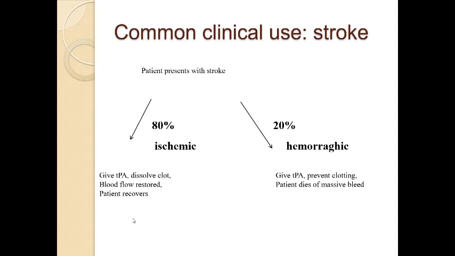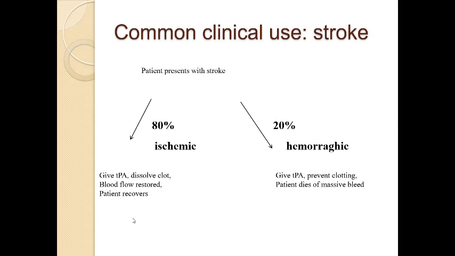But about 20% of strokes are not actually caused by a clot, but rather are hemorrhagic, where the blood is escaping into the brain and blocking the flow of oxygen because there's pooling of blood. If you give TPA to a hemorrhagic patient, they're likely to die. So we have to make these decisions of who you give TPA to and who you do not.